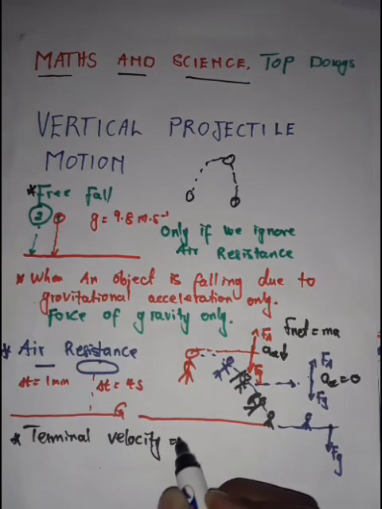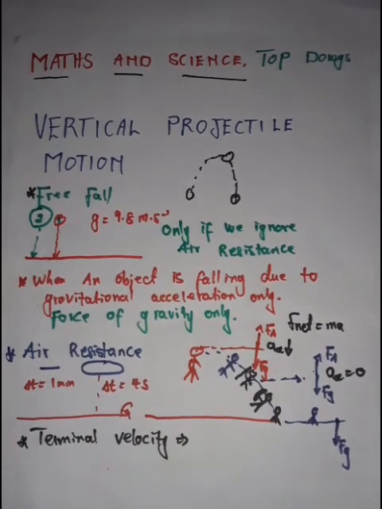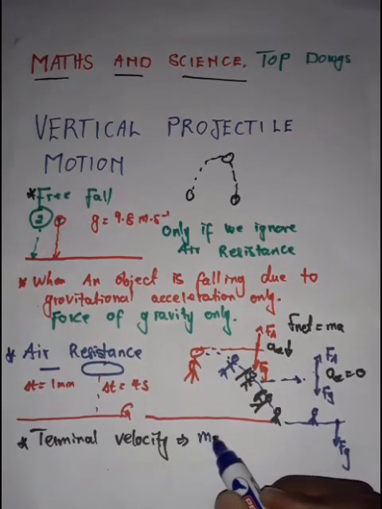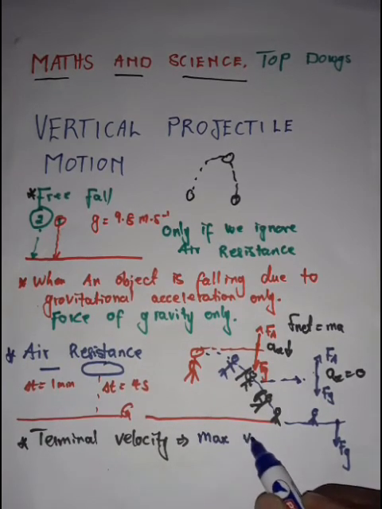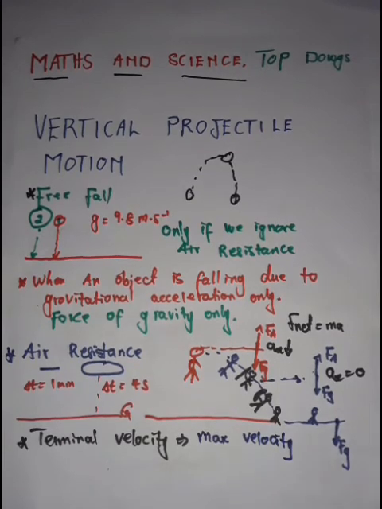So terminal velocity is where the object under free fall, it's not the velocity of the object, it's the maximum velocity that can be reached by a falling object.